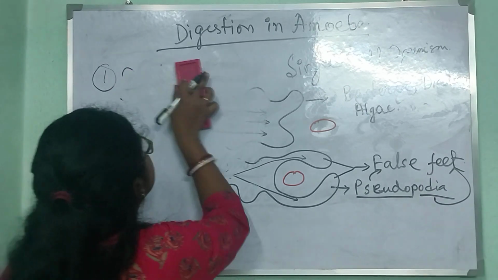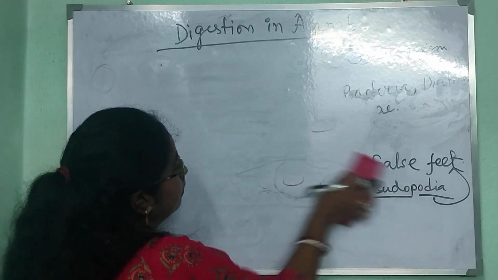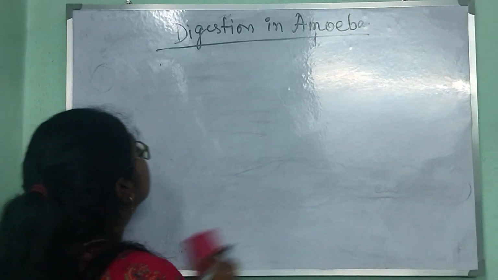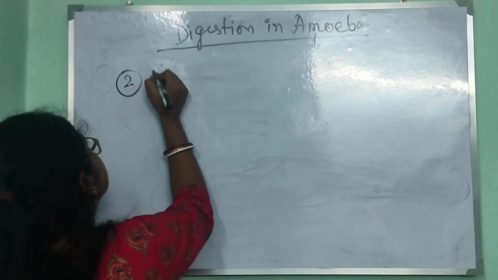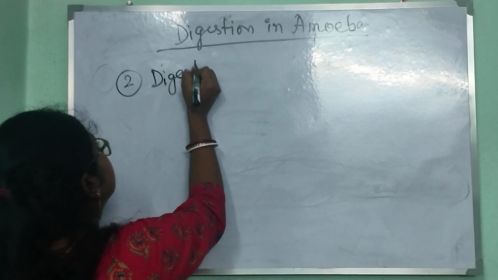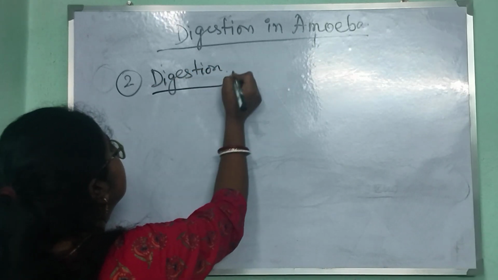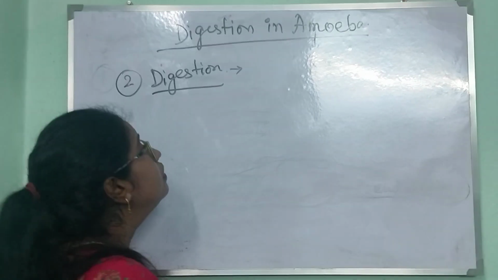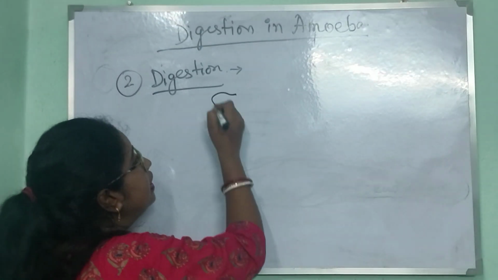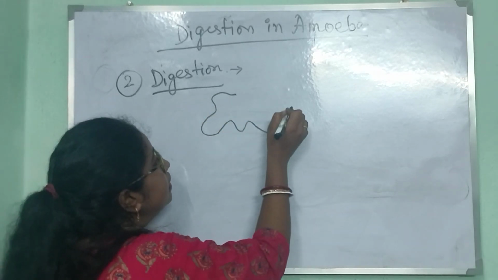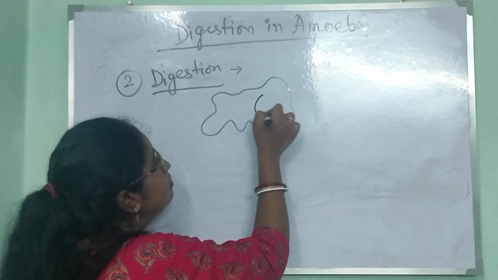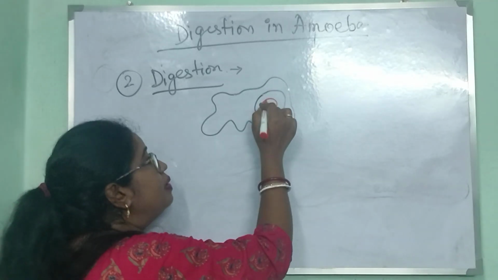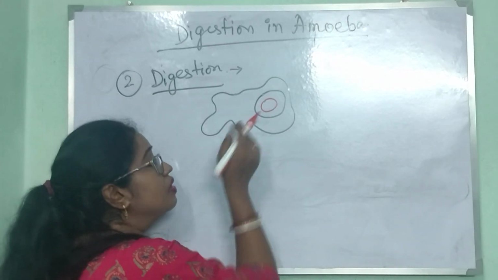The second process is digestion. Now, after engulfing the food material fully, a vacuole is created inside the amoeba's single cell.